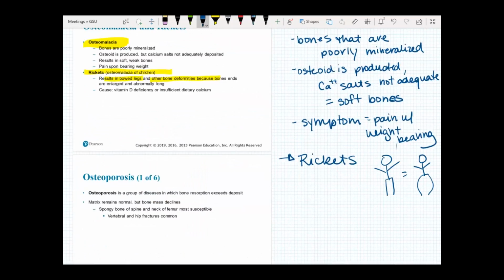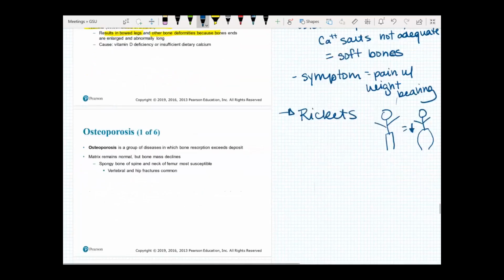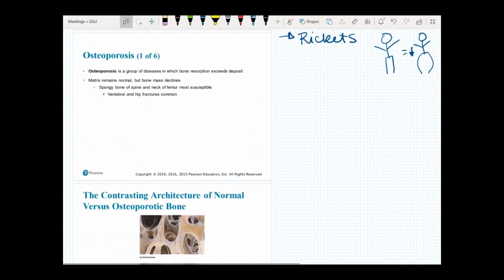The reason is that all of their body weight is pushing down on these bones, these femurs that are soft and not adequately able to support it. So they'll bend outward because of stress. Wolff's law in action. So that's going to be rickets. It's the same thing, it's just going to cause bone deformities. The primary thing you'll see is that kids were diagnosed with rickets in the 50s and 60s because they had the bowed legs. So the next one we're going to talk about is osteoporosis.